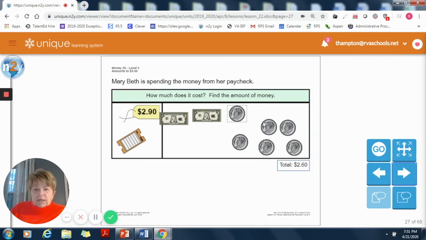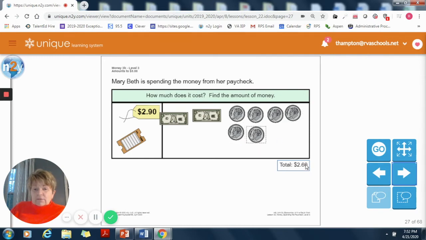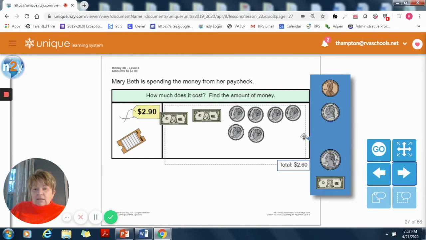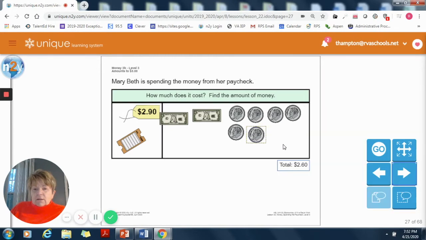So I'm going to organize our dimes a little bit better. Count with me, 10, 20, 30, 40, 50, 60, $2.60. Oh, they're not going to give us any more dimes.